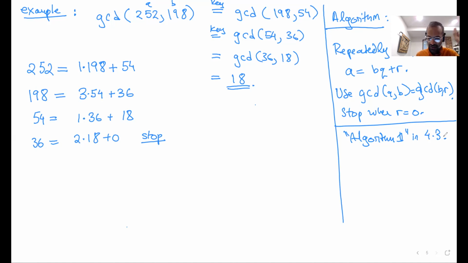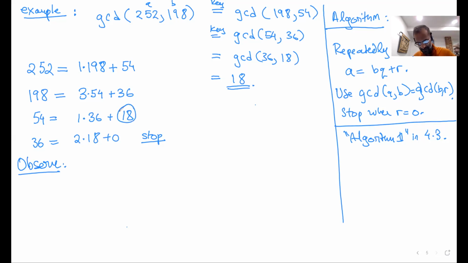Okay, so now I want to highlight one feature of this algorithm, which may seem kind of weird that I'm emphasizing this, but it's actually the key to proving the fundamental theorem of algebra and to many other things we're going to do. So here's an observation. Eventually the GCD we output was this, 18.